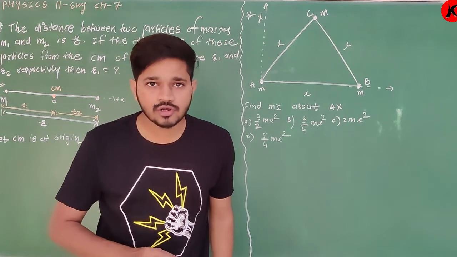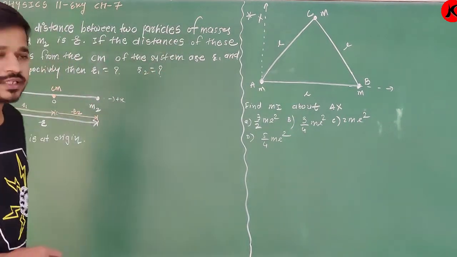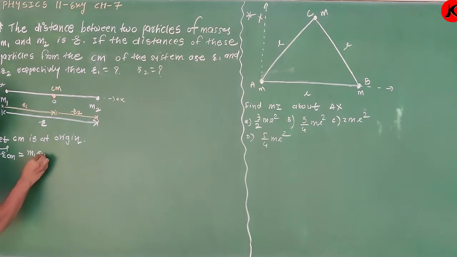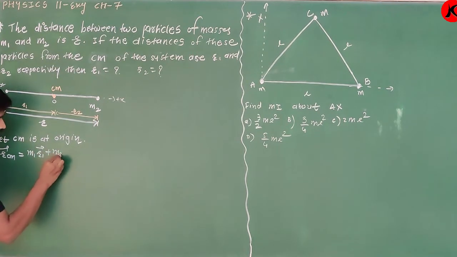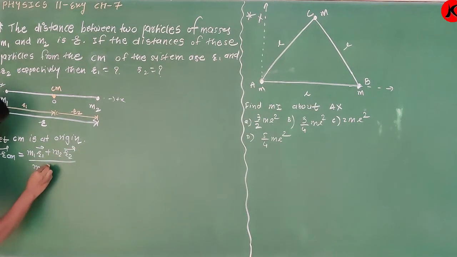For a system of two particles, we have the equation of center of mass, that is, R center of mass is equal to m1 r1 plus m2 r2 divided by m1 plus m2. Now, why use this equation?